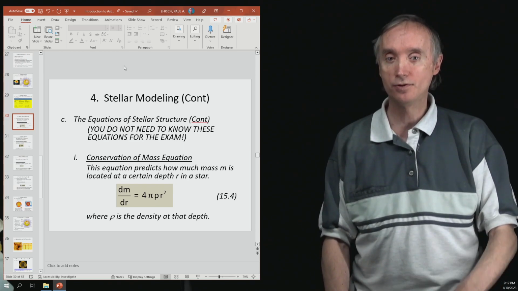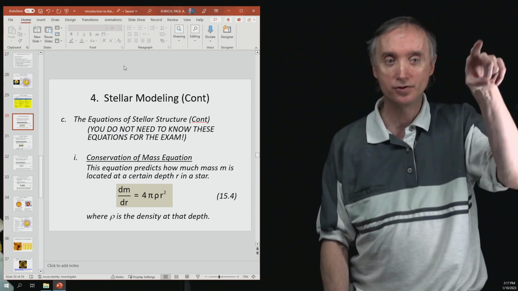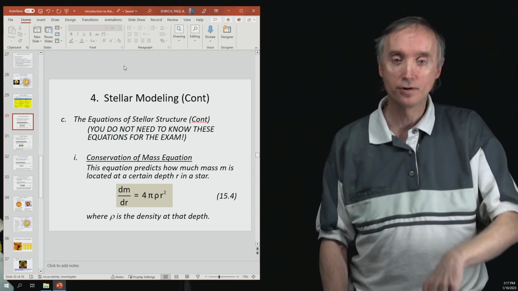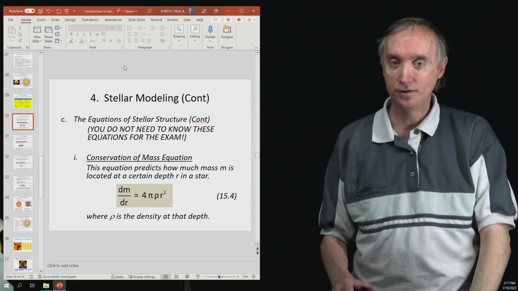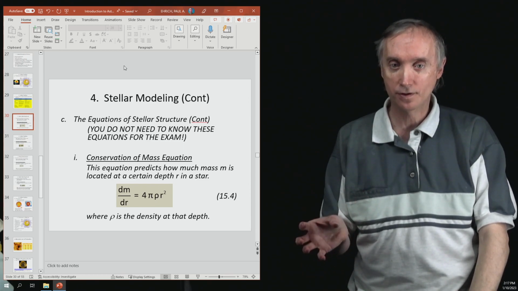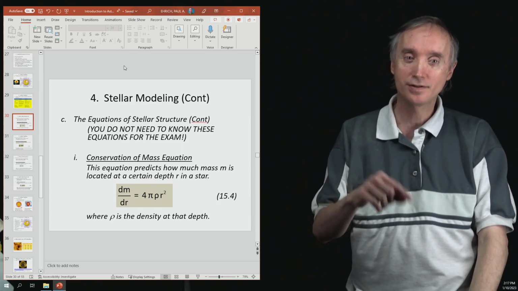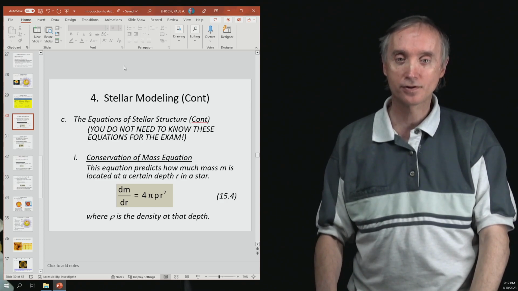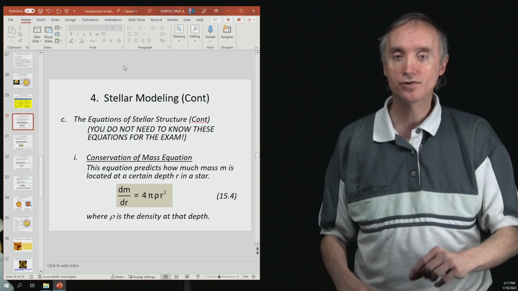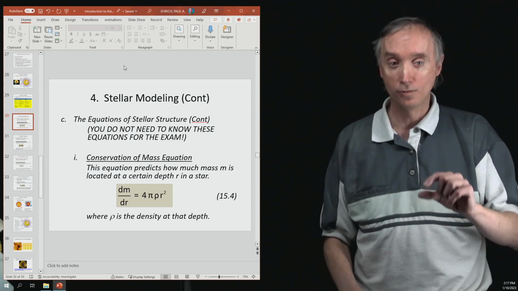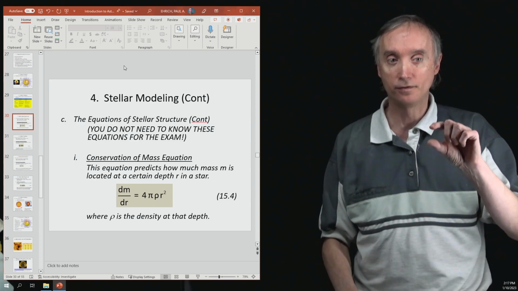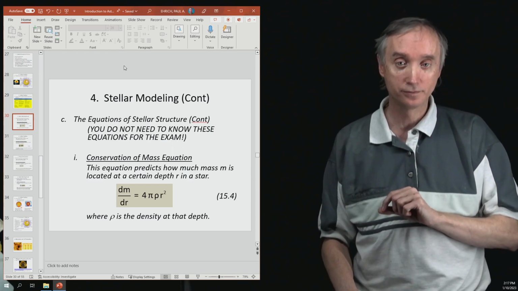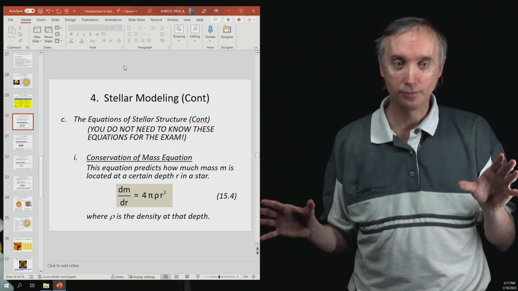So what you do is, hopefully you've all played around with the Microsoft Excel spreadsheet. You make a column in the spreadsheet for each of these 4 equations, and then you take the results of one of these equations and plug it into the other equations in order to solve them. And so you do it in very small increments, like an increment of distance r of 1 kilometer, and you calculate all of these variables.